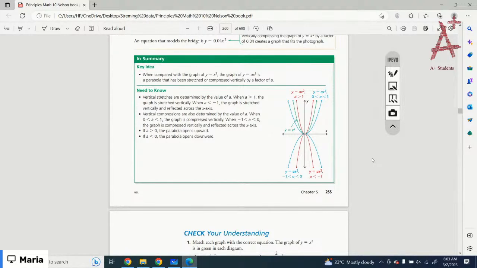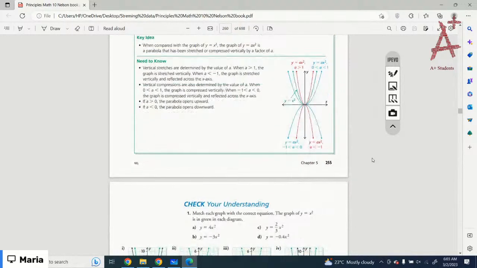When a is between 0 and 1, the graph is compressed vertically. When a is between -1 and 0, the graph is compressed vertically and reflected across the x-axis. If a is greater than 0, the parabola opens upward. If a is less than 0, the parabola opens downward.